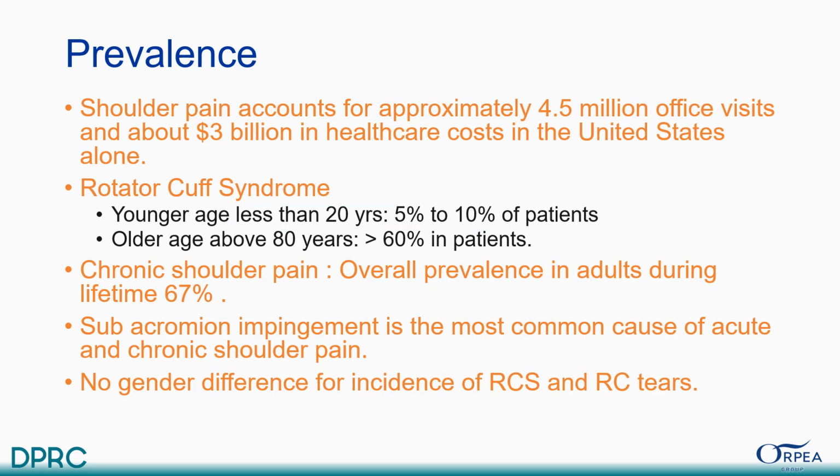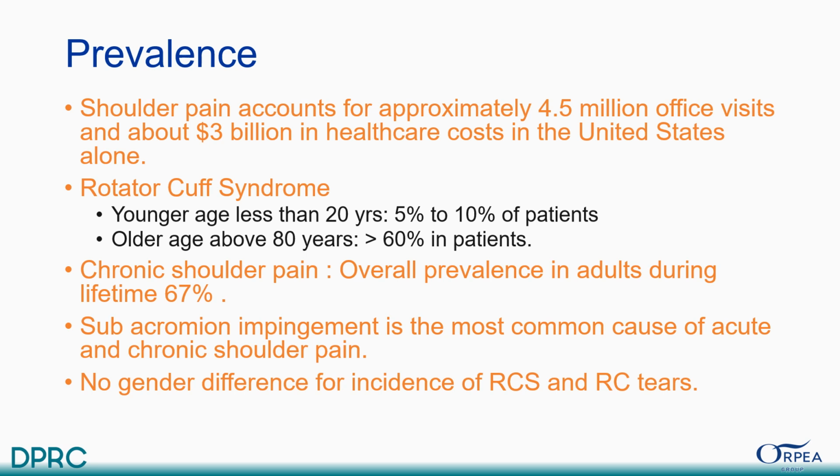So coming back to the prevalence, in the literature, shoulder pain accounts for approximately 4.5 million office visits and about 3 billion in healthcare costs in the United States alone. So you can imagine the magnitude of this cost all over the world. The prevalence of rotator cuff syndrome in the younger age group, less than 20 years, is around 5 to 10% of patients, and in older age, above 80 years, it is more than 60% of patients.